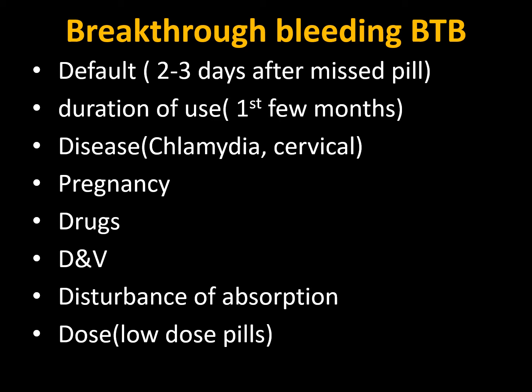It can occur due to default when a woman misses 2 or more of her pills, sexually transmitted infection, chlamydia, if she's pregnant, if she takes any medications, or if there is diarrhea and vomiting that affect the absorption of the pills and therefore their effectiveness.